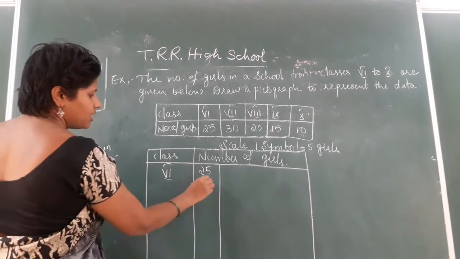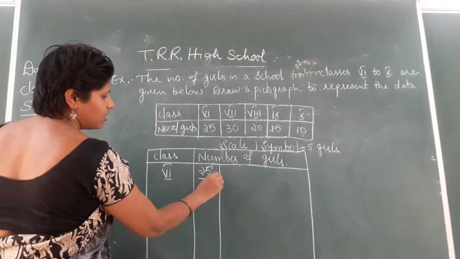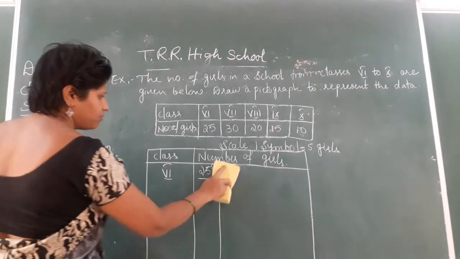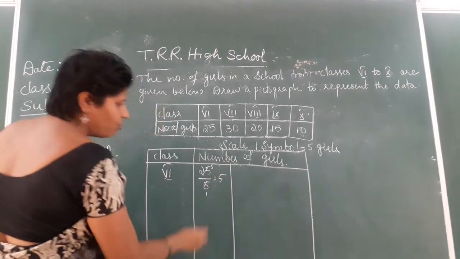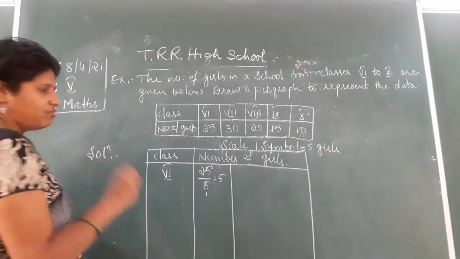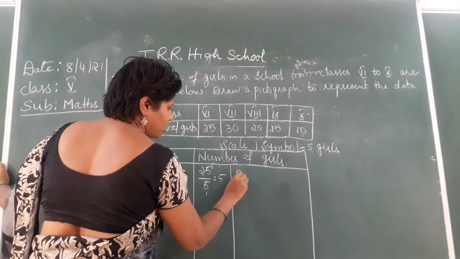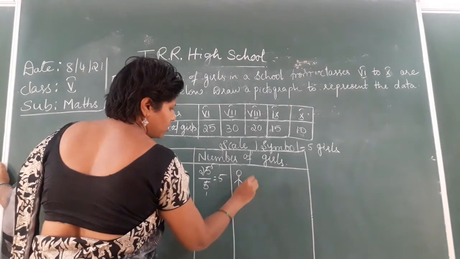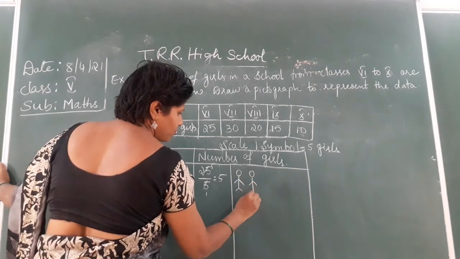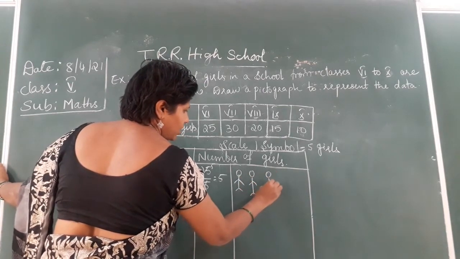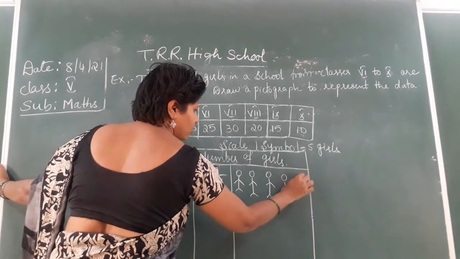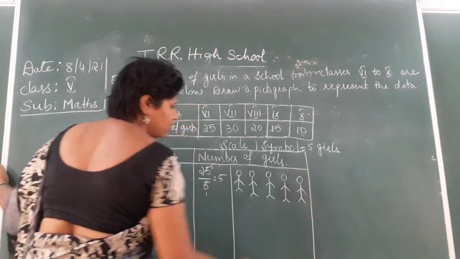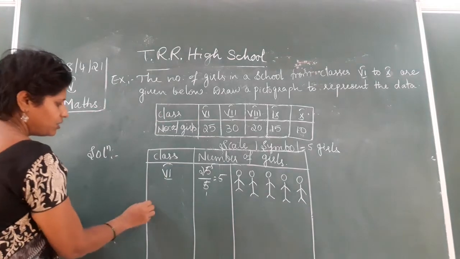How much is it? 5 fives are 25, so it is 5. So how many symbols do you have to draw? 5 symbols. Now draw: 1, 2, 3, 4, 5. Understood? Now this is about 6th class.